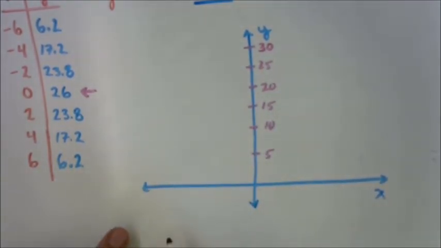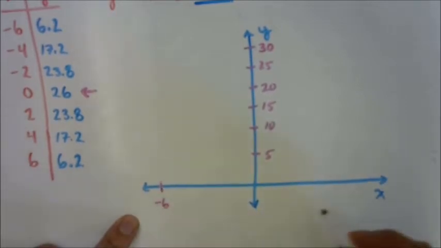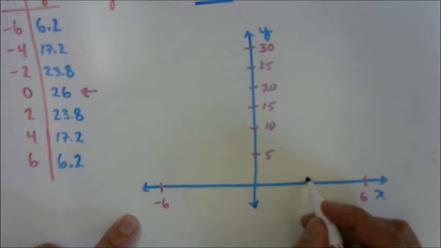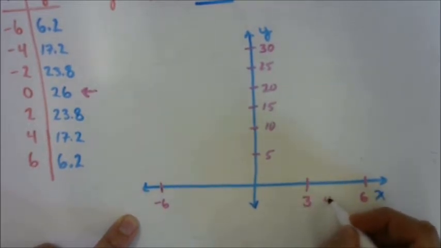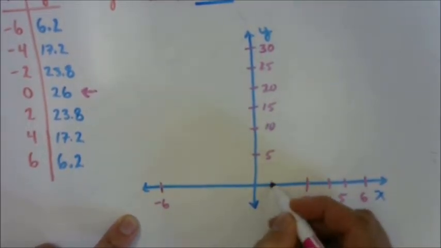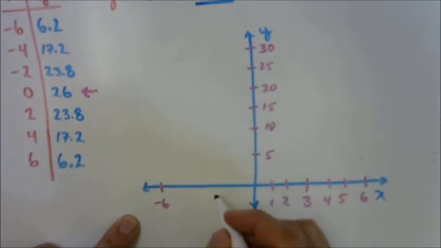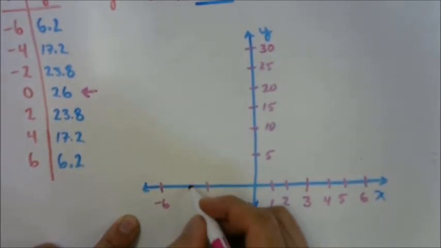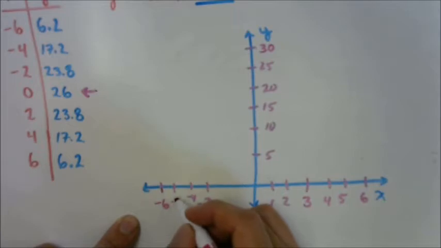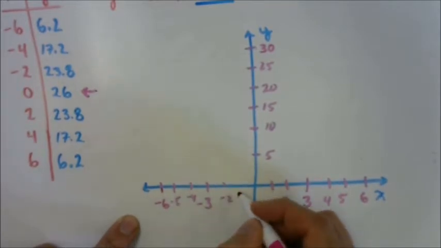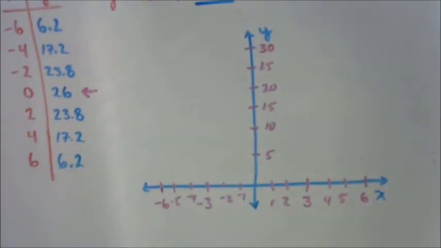And then for our x values, we're going all the way from negative 6 to positive 6. So that's probably a good scale to use for our graph.